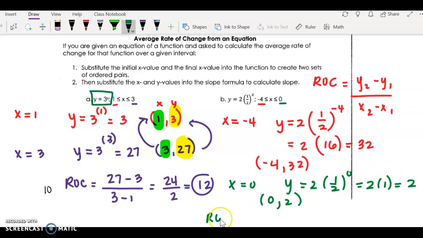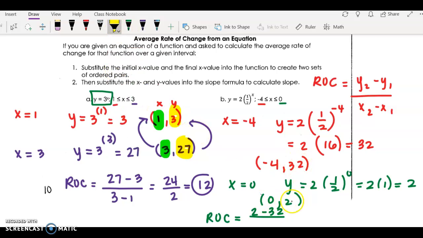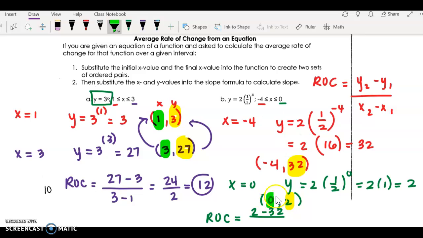Then we'll use our formula for rate of change. So that'll be 2 minus 32 on top. Again, we're doing the y's on the numerator, y minus y, and then the x's on our denominator, so x minus x.